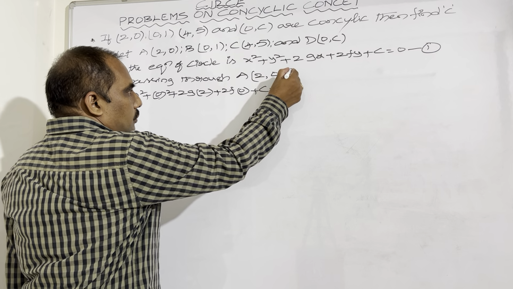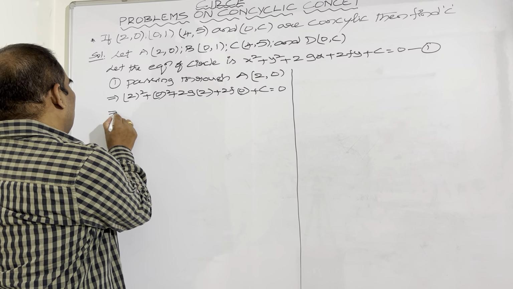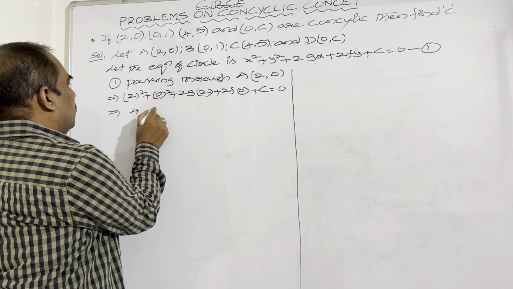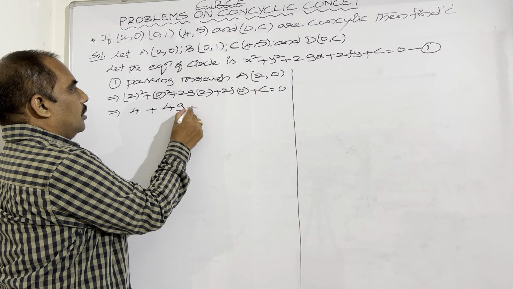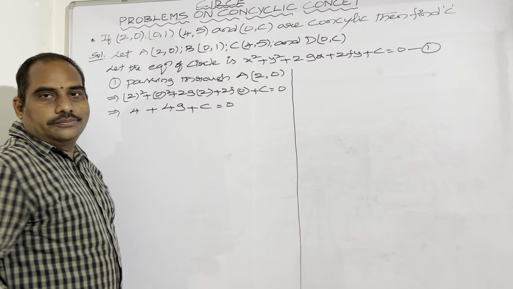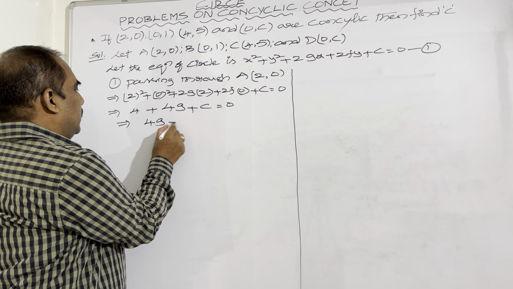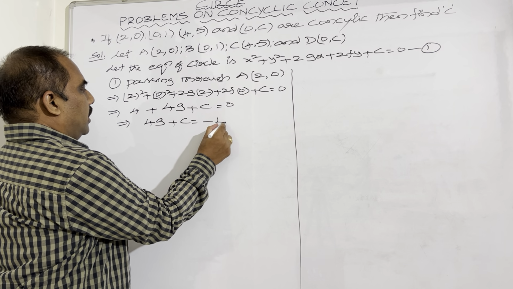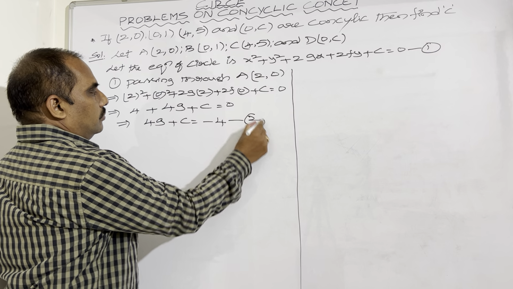This implies 4 plus 0, 4g plus 0 plus c is equal to 0. We get 4g plus c is equal to minus 4. Say this is equation 2.